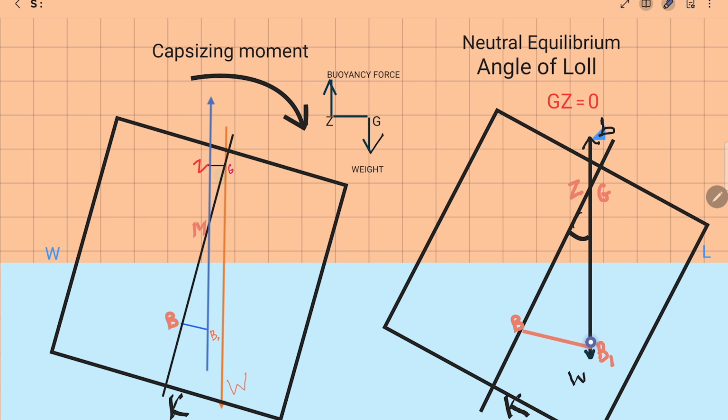Depending upon the geometric form of the vessel, if we are lucky, this vessel will then stop heeling because there is no capsizing lever. Center of gravity and the new center of buoyancy are vertically in line with each other. So the ship will stop heeling and she will come to rest. At the same time, there is no righting lever. So we say GZ is 0 and this is the angle of Loll condition.